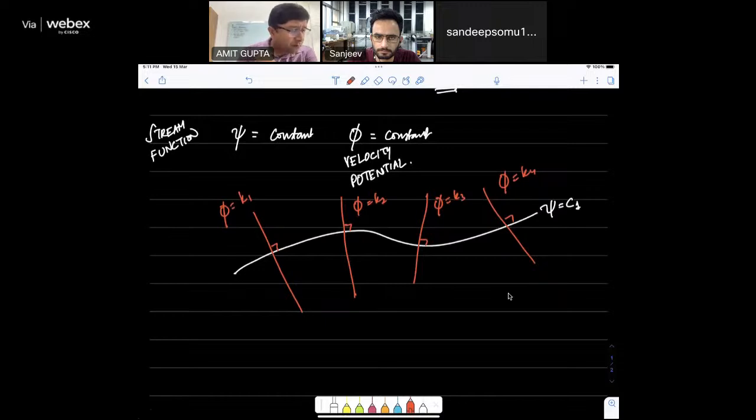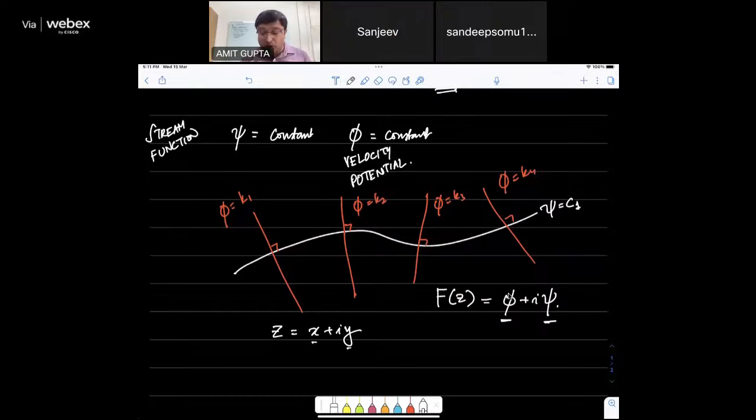Now, what we did with this is, in fact, the whole idea of constructing the complex potential f of z. I wrote f of z as phi plus i psi. The whole purpose of doing that was because these two are actually orthogonal functions. If you write z as x plus iy, note that these two coordinates are also orthogonal to each other.